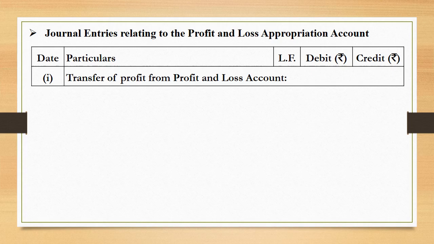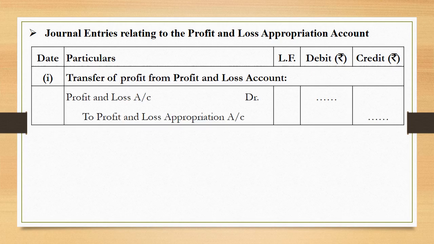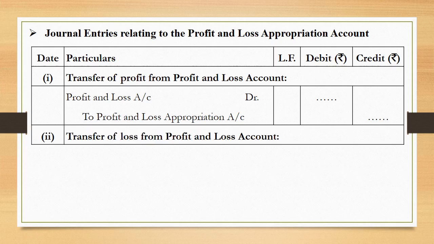So basically, net profit is shown on the debit side of profit and loss account. So when we transfer that net profit from profit and loss account, it needs to be credited to profit and loss appropriation account. Profit and loss account debited to profit and loss appropriation account. This is the amount with which we generally start the sums.